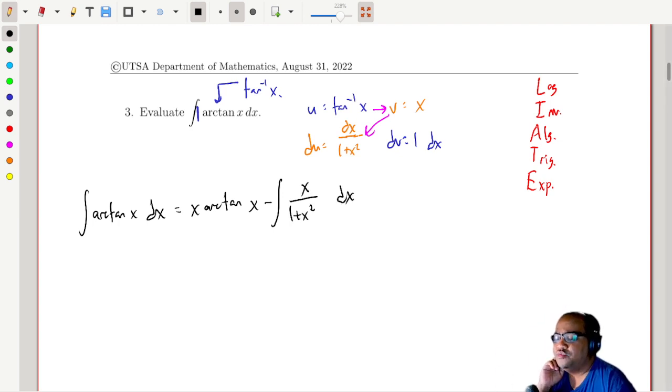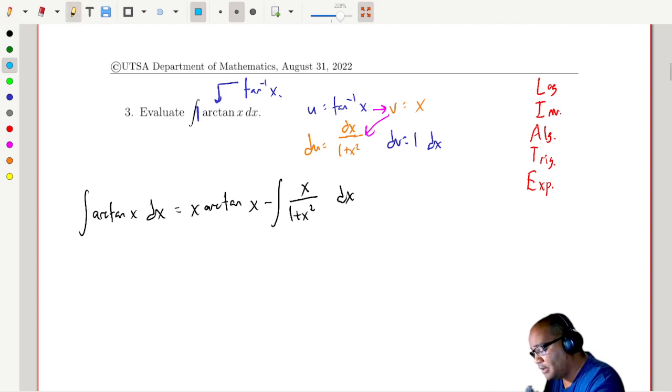But how do we tackle that second integral? This is where we have to remember our techniques. We don't use just one technique. You may have to use multiple in tandem. Well, I see a function, and I see its derivative. This is a clue that I should be making a variable substitution. Now, I've already used the letter u and I've used v, so I'm going to use the next letter of the alphabet, w.